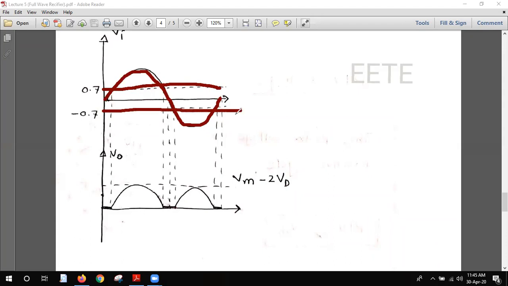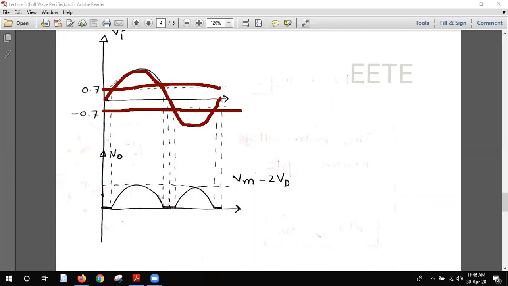In the ideal diode, the output starts from zero, but with silicon it will not start at zero.